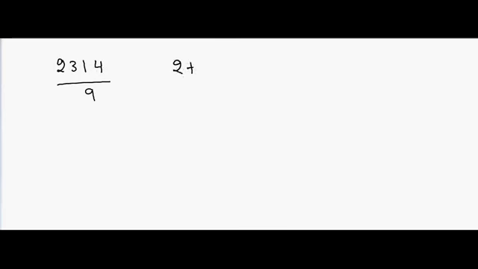So 2 plus 3 plus 1 plus 4: 5, plus 1 is 6, plus 4 is 10. If you divide 10 by 9, you will get 1 as a remainder. So your remainder would be 1 in that case.